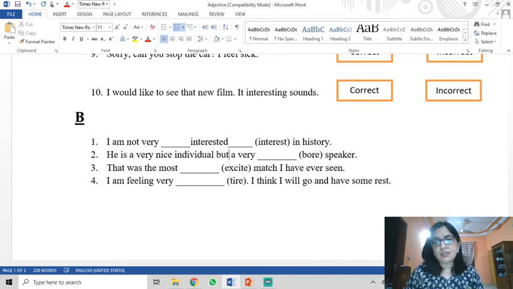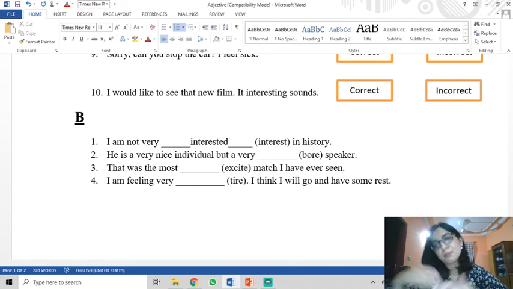Similarly, he is a very nice individual, but a very dash speaker. And in parentheses, you can see I've given the word bore. The hint is to use bore. Now, you see the first clause, he is a very nice individual. The background is set that the person is nice. Then you use a coordinating conjunction, but, so it means it's a contrast. Now you have to think opposite.